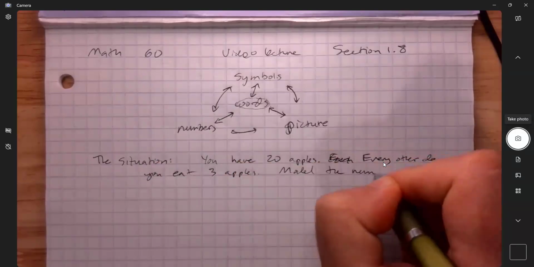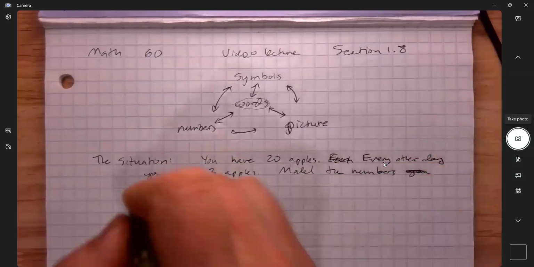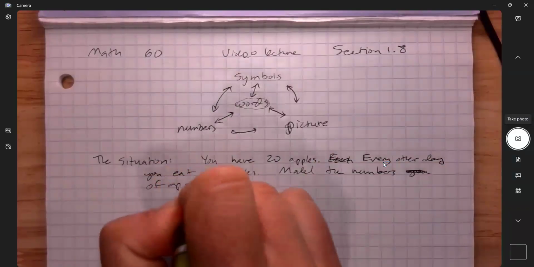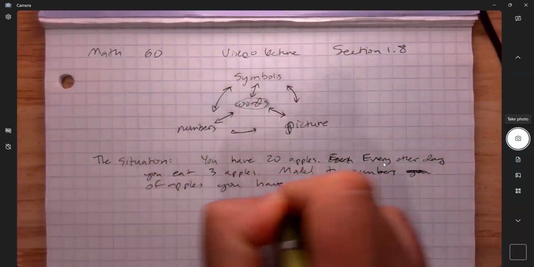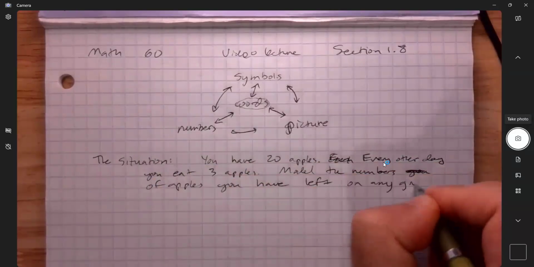Model the number of apples you have left on any given day.